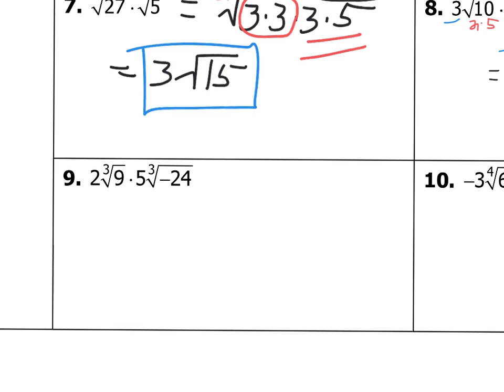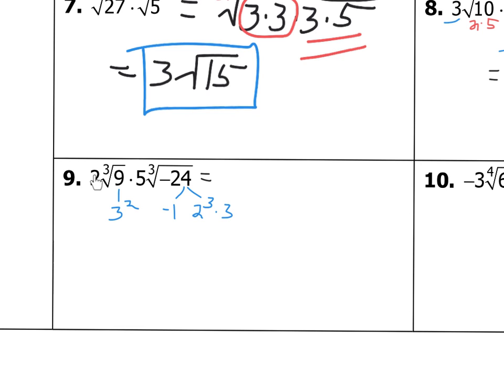All right, so 9 breaks into 3 squared, and then 24 is going to break into negative 1 times 8 times 3, and 8 is 3 2s, and then a 3. Actually, I don't even want to do that yet. Let's backtrack just a smidge.